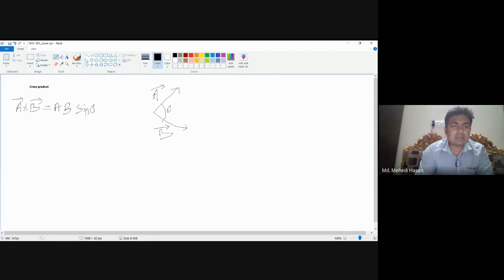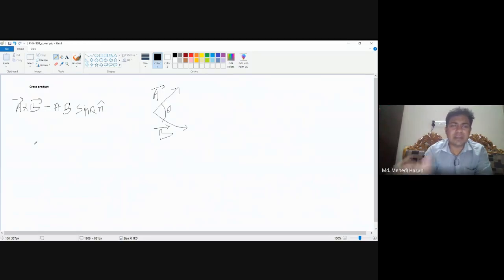And the cross product of two vectors results in a vector quantity, so we have to introduce a new unit vector, n cap, which represents the direction of the result of these two vectors.